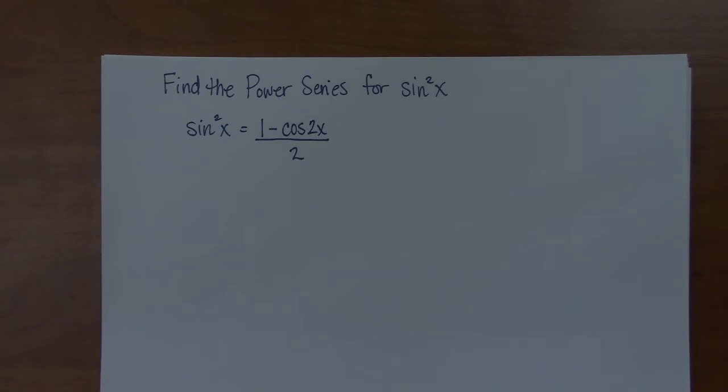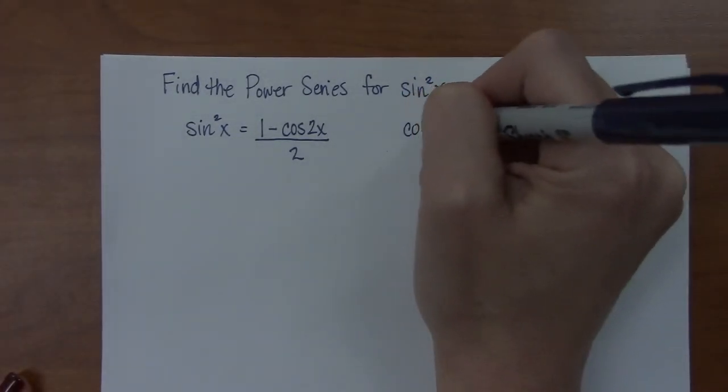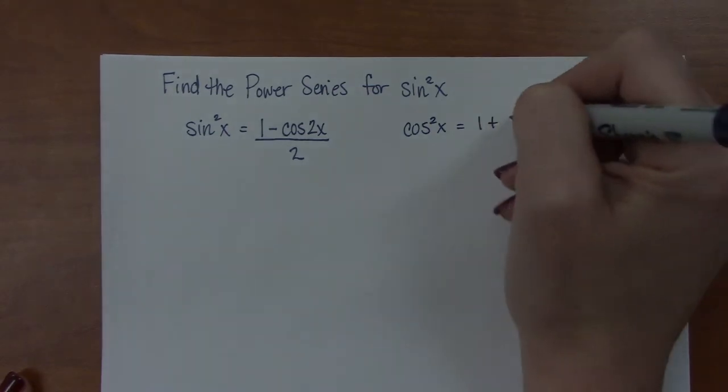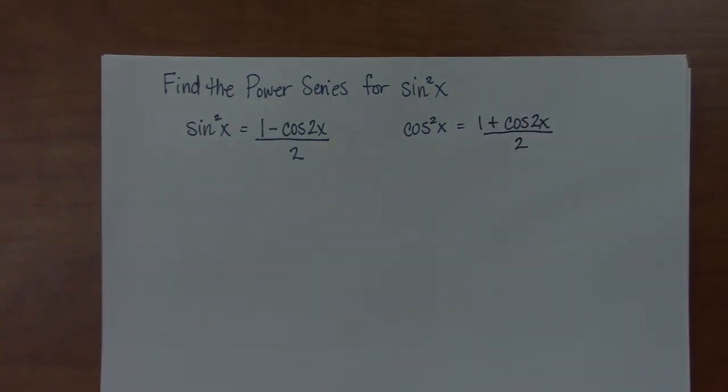For cosine squared x, the identity, just in case this ever comes up, is this. And so what these are is just an algebraic reworking of the double angle formula for cosine. So there's like 3 ways to write the double angle formula for cosine. You can write it in terms of just sine squared, you can write it in terms of cosine squared, or you can write it as a combination of the two.